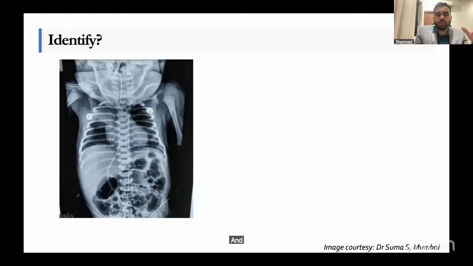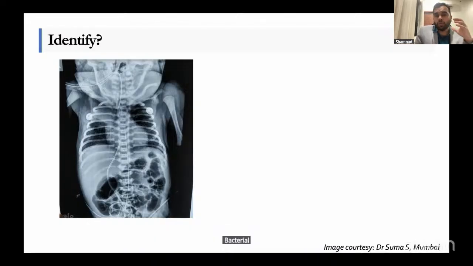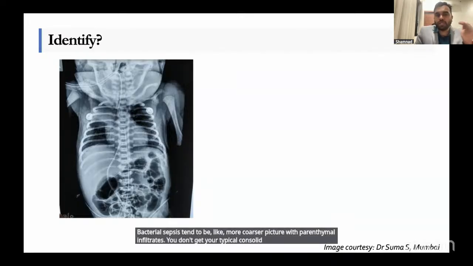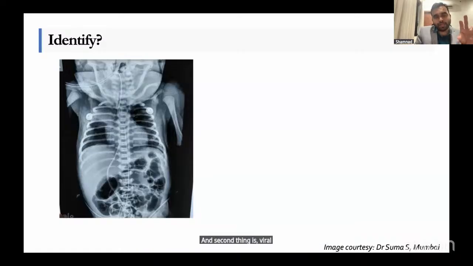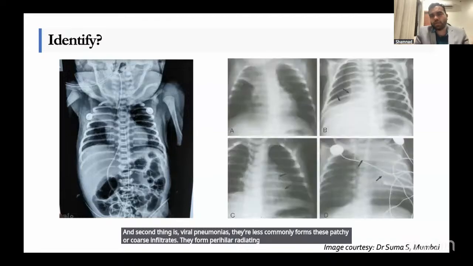The main thing to remember with regard to neonatal X-ray is that bacterial sepsis tends to give a coarser picture with parenchymal infiltrates. You don't get your typical consolidation as you see in older children. And second, viral pneumonias less commonly form patchy or coarse infiltrates. They form perihilar radiating streakiness or infiltrates.